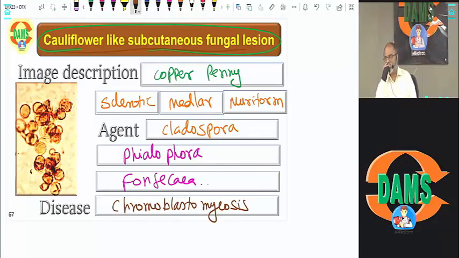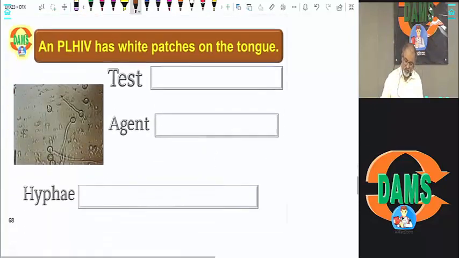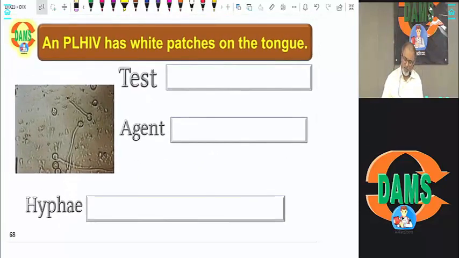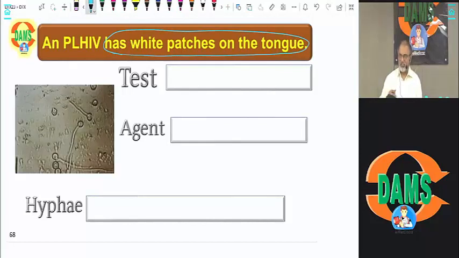Okay, next is a PLHIV with white patches on the tongue. What is it? Oral thrush, Candida. What is the name of the test? Germ tube test.